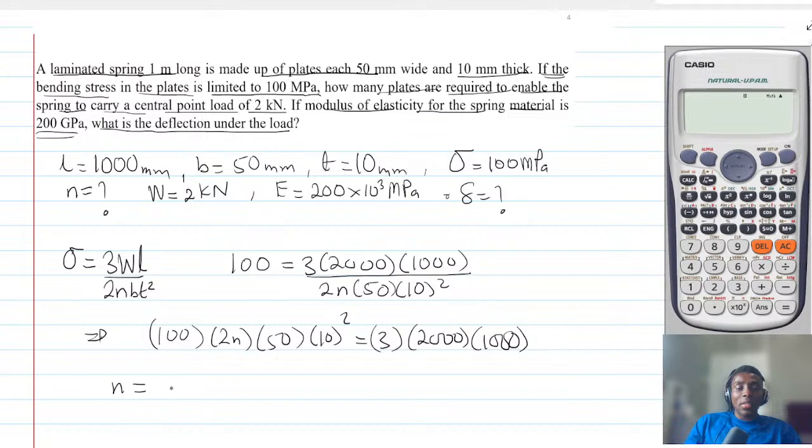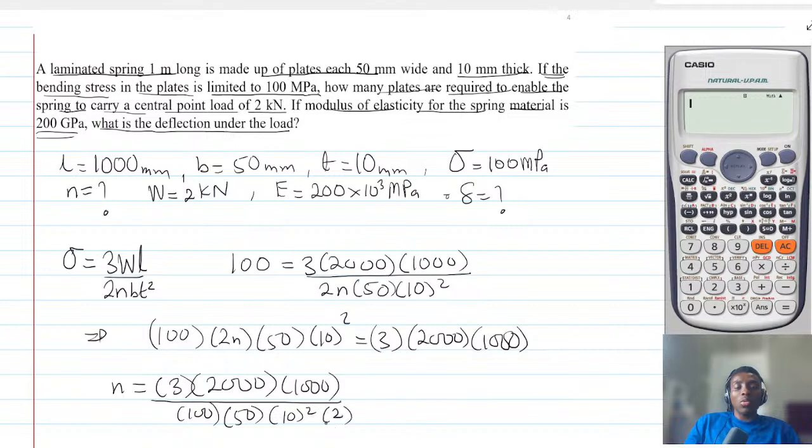If you make n the subject, n is going to be 3 times 2000 times 1000 all divided by 100 times 50 times 10 squared times 2.